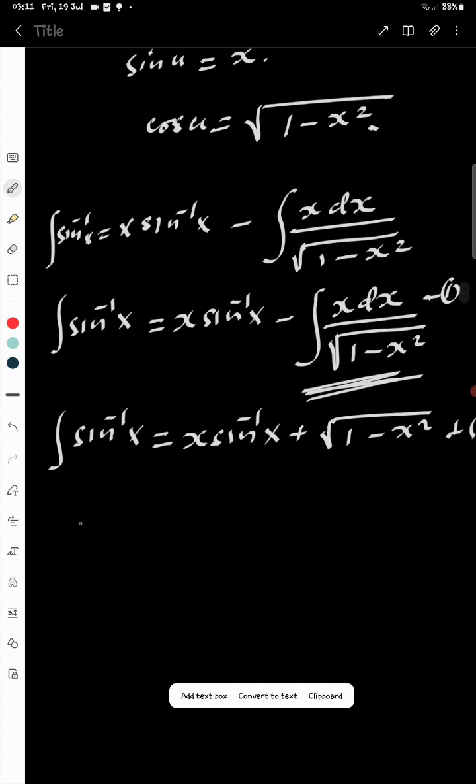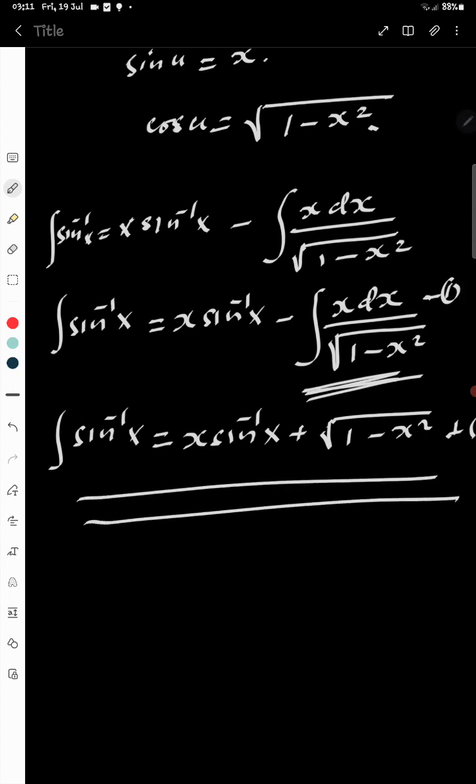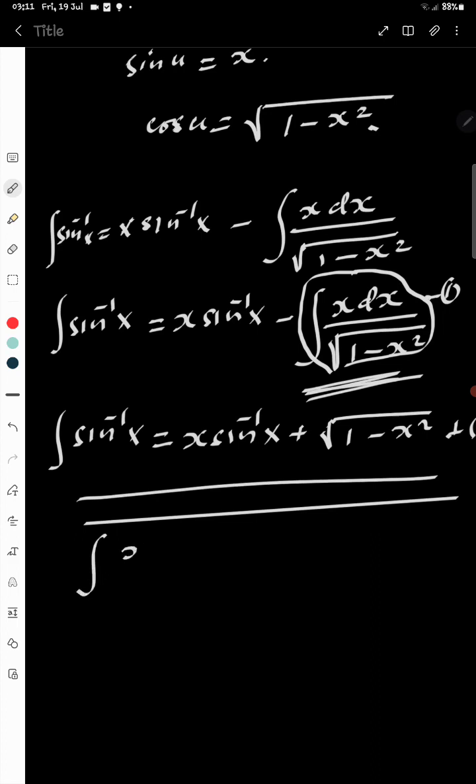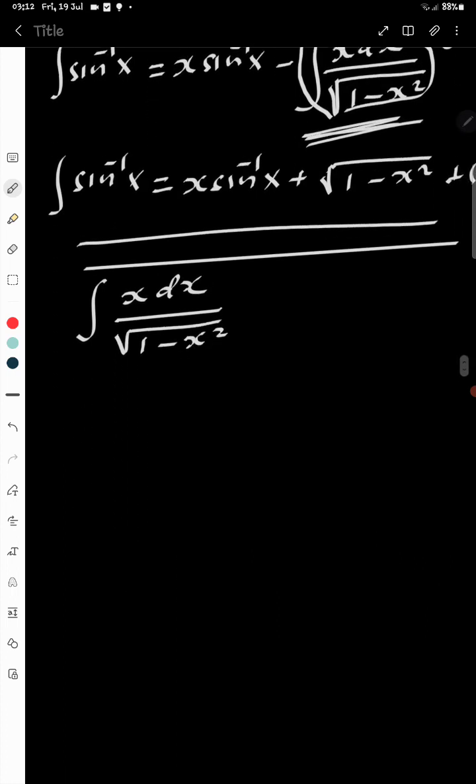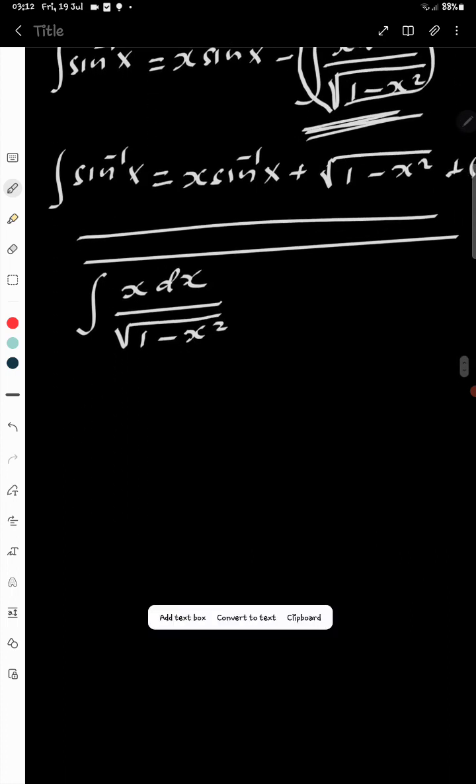Let me solve this. This is the conclusion, but let me concentrate on this: the integral of x dx over root of 1 minus x squared by substitution.